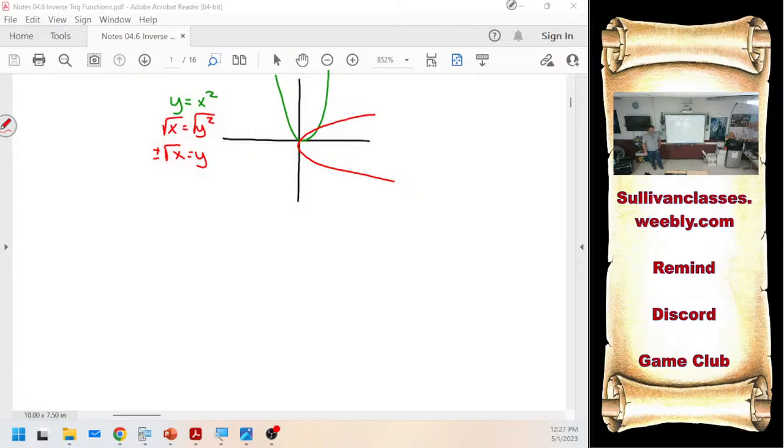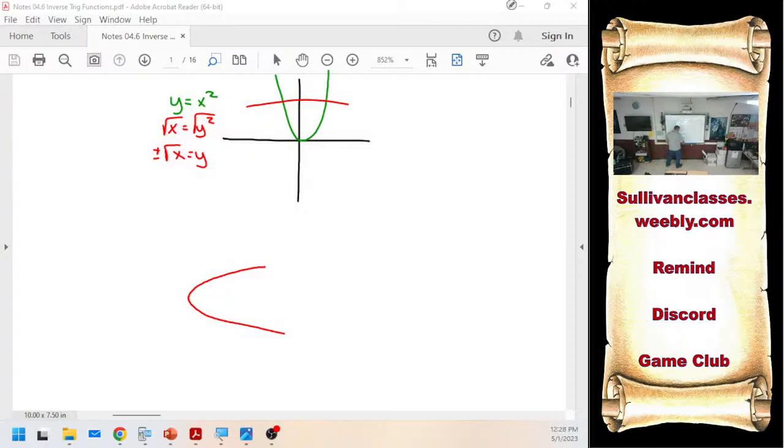Is that a function? The inverse of it is not a function because it doesn't pass the vertical line test. I could have known that by doing, you remember, the horizontal line test on the original. That tells me that its inverse does not have one.